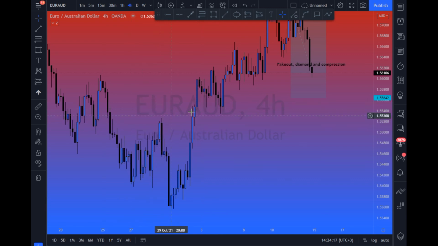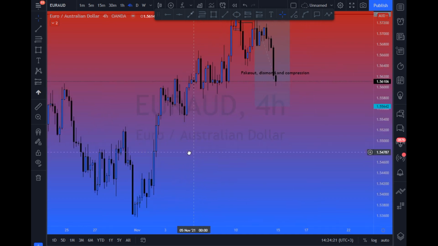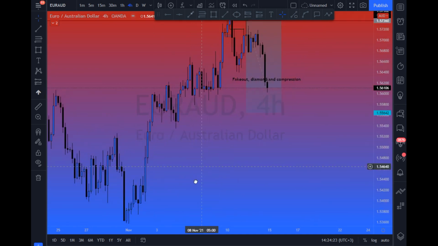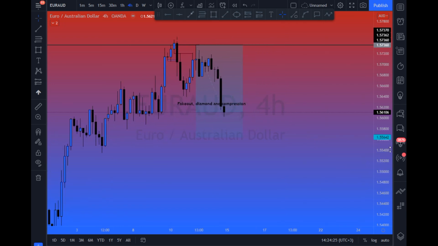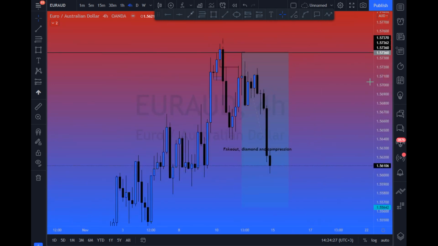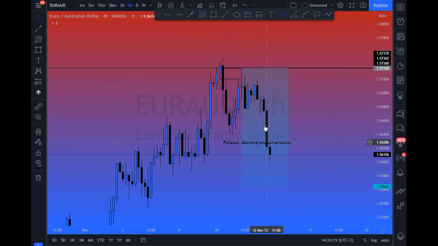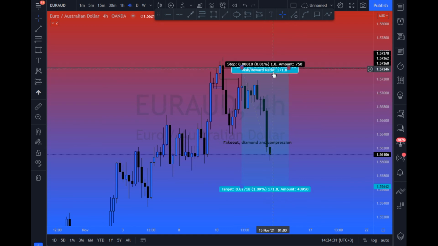So this will be my next target. I'm hoping that it will get to take profit. One pip stop loss and one is to 171.8.